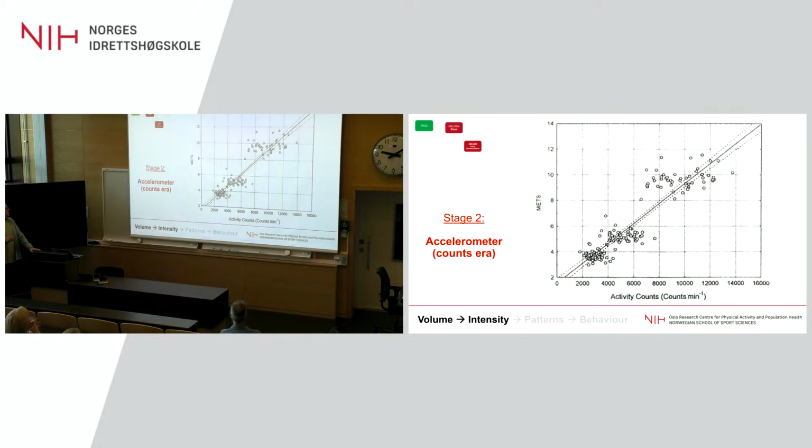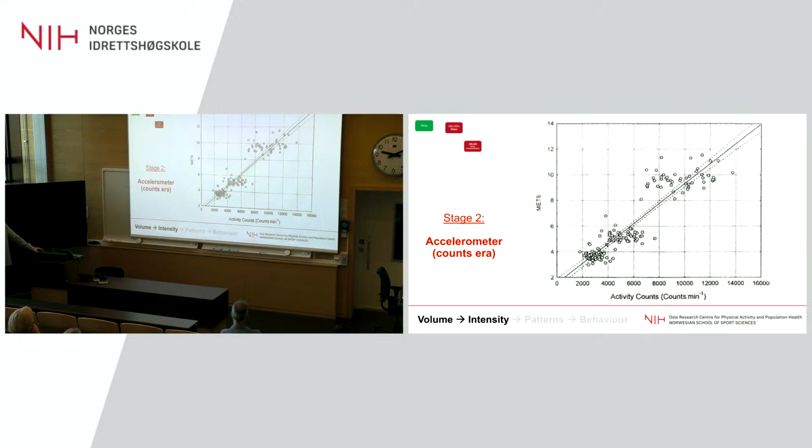With the counts came the cut points. This is the Freedson, the background for the Freedson cut points. So what you see here is individuals walking faster and faster on a treadmill while wearing an accelerometer, and a measure of indirect calorimetry. We typically define moderate intensity as, for example, 3 times energy expenditure at rest.